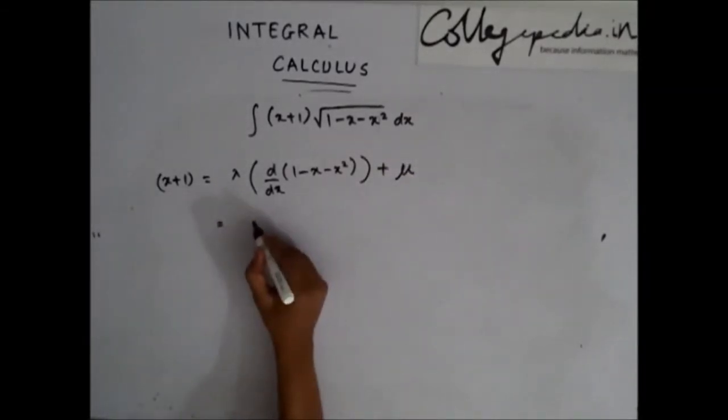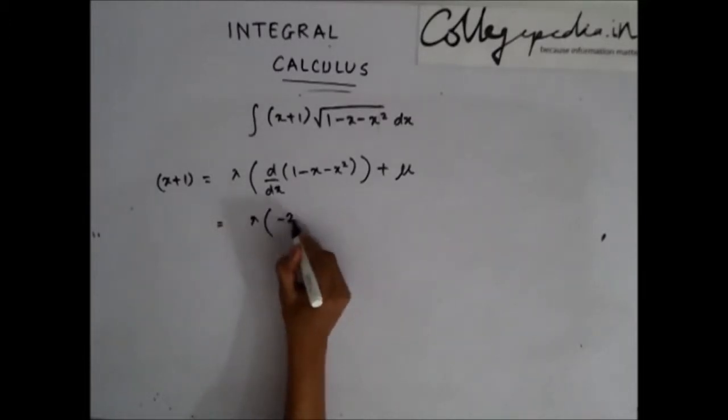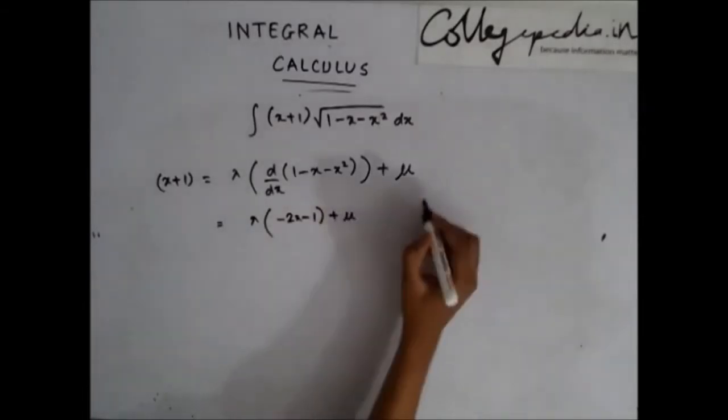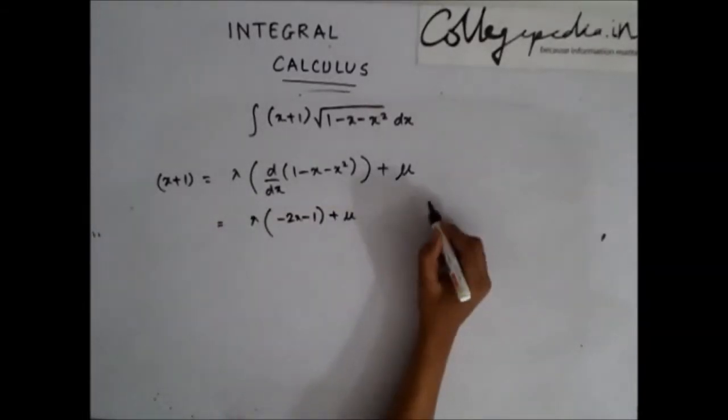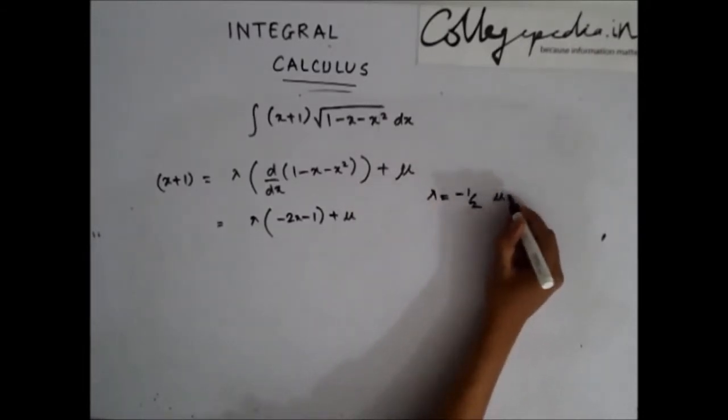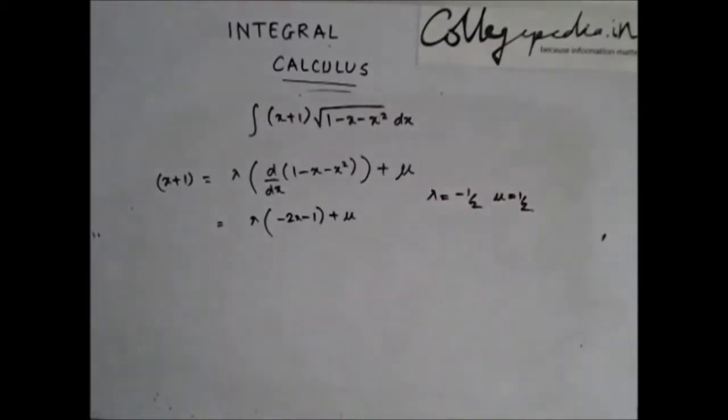This is equal to lambda times minus 2x minus 1 plus mu. If you compare the coefficients of x and the constant, you will get lambda as minus half and mu as half.